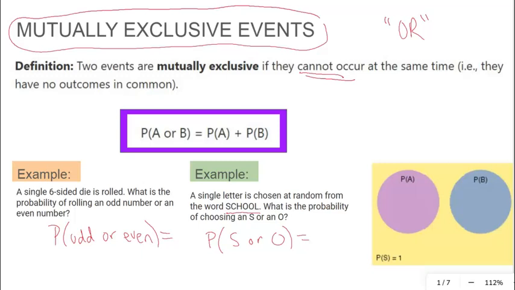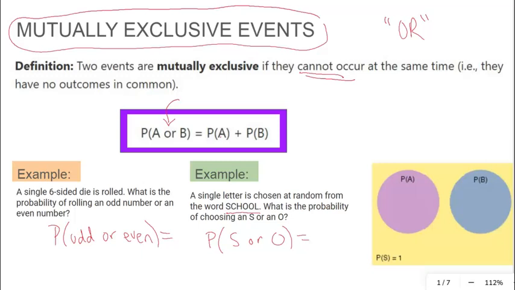So if two events are mutually exclusive, when we have the word or, what we do is we add up each of the probabilities separate. So let's look at the letters in the word school.